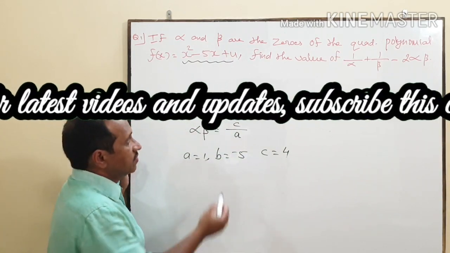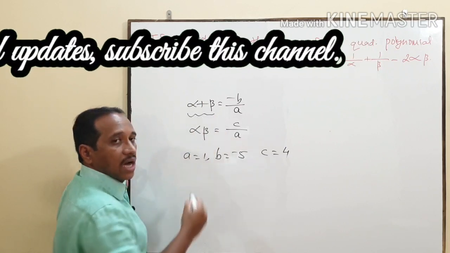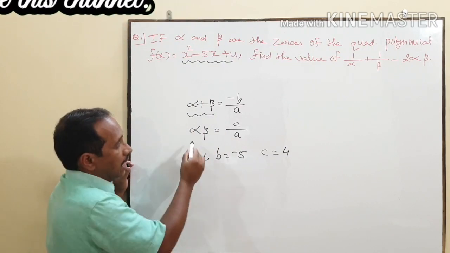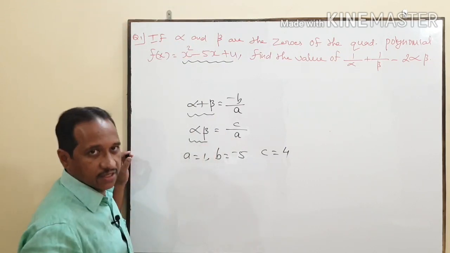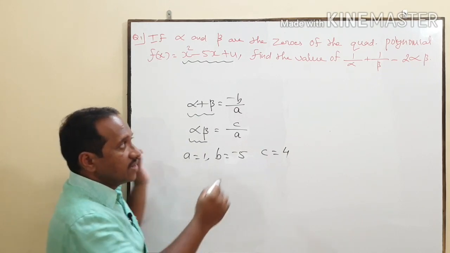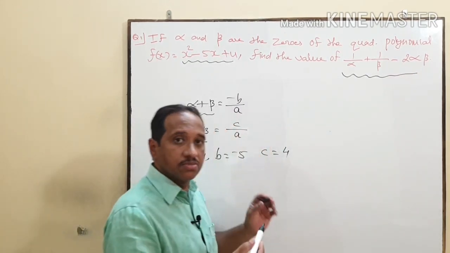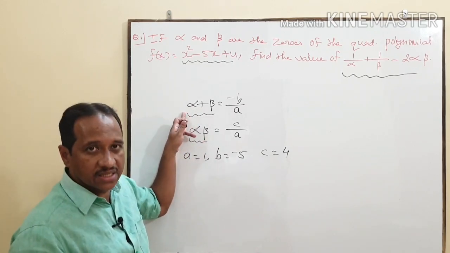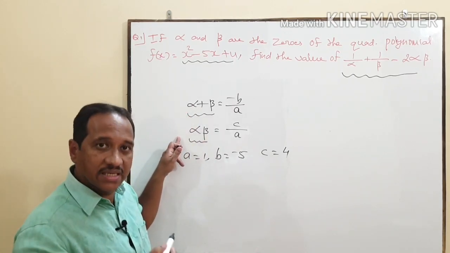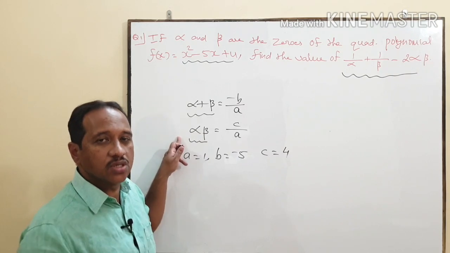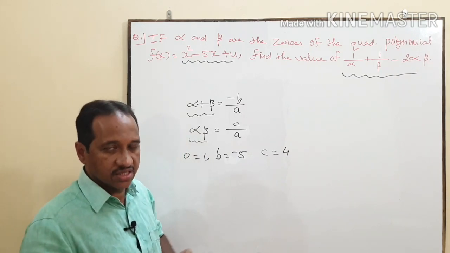First of all, we will find the values of alpha + beta and alpha beta. Then we will convert this expression in terms of alpha + beta and alpha beta using suitable algebraic identities.